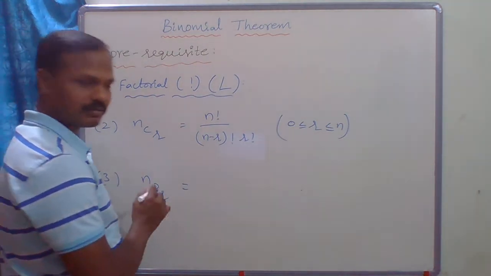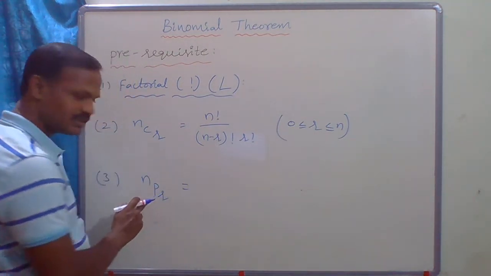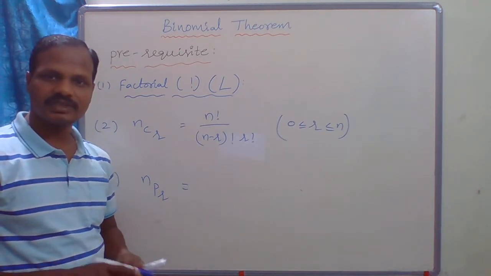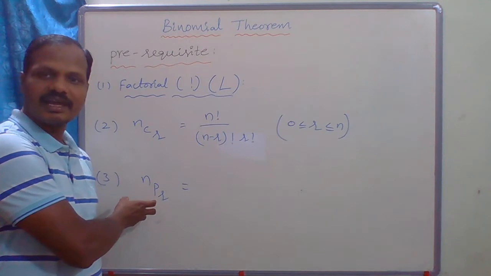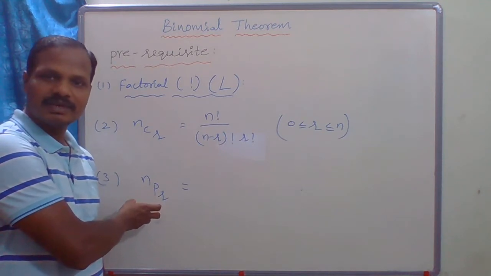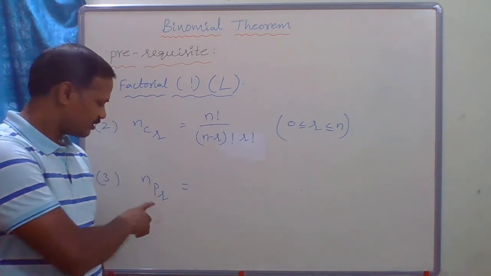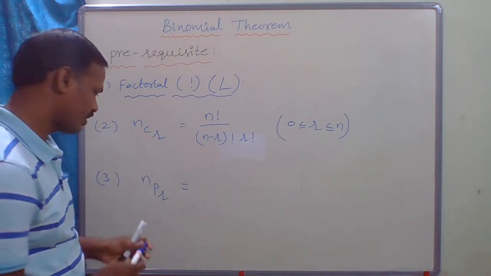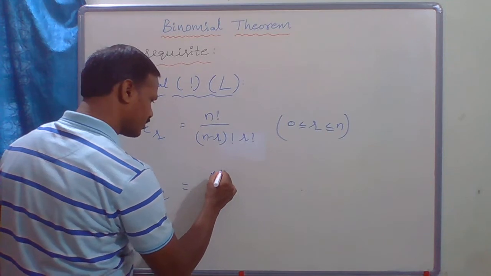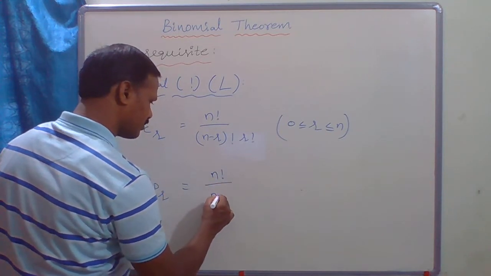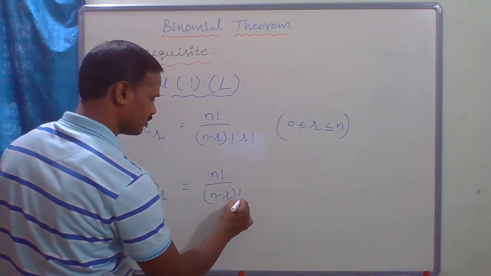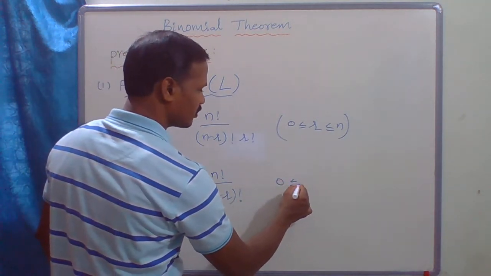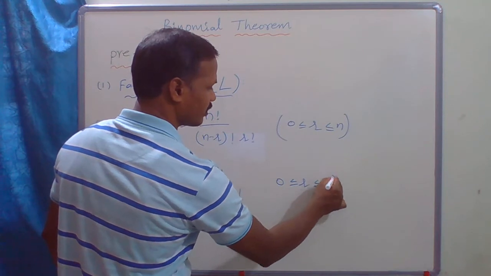Now NPR is the arrangement of r objects collected from n available dissimilar objects. This is arrangement, this is collection. This is equal to n factorial by n minus r factorial. So this is NPR, and here also 0 less than or equal to r less than or equal to n.